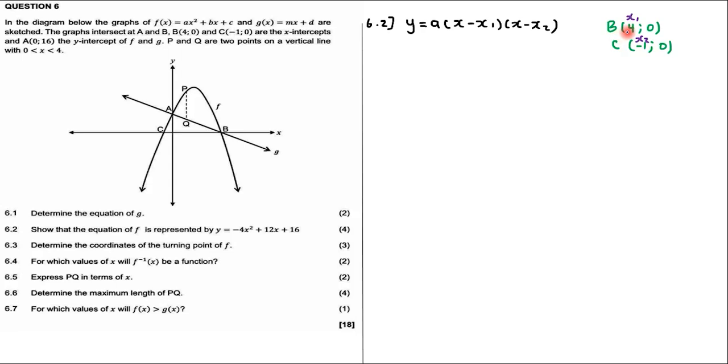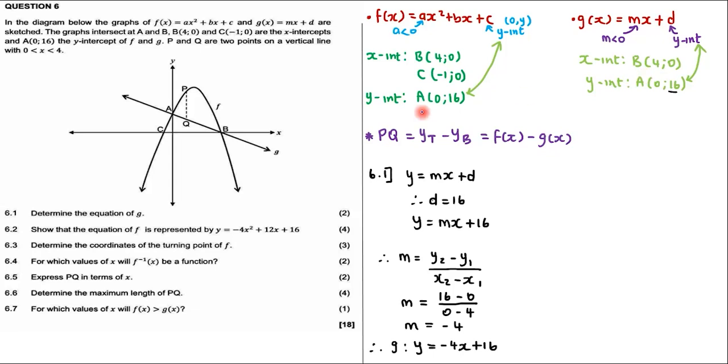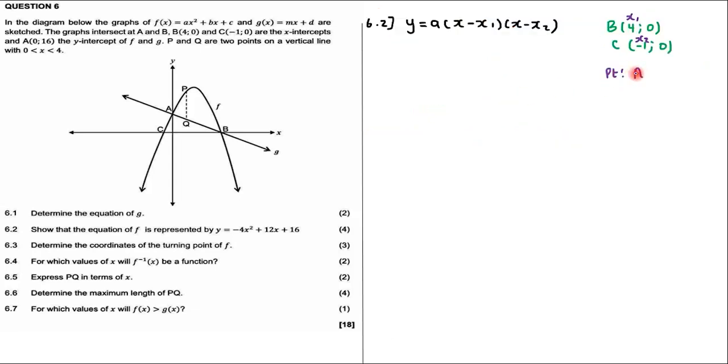Now, this is not the only thing that you must have, right? You must also have another point that you're given, which in this case, yes, we have a point. It is (0, 16). This point helps us to solve for the value of a. All right. Now, how do we find our equation? First, we substitute our x1 and x2.